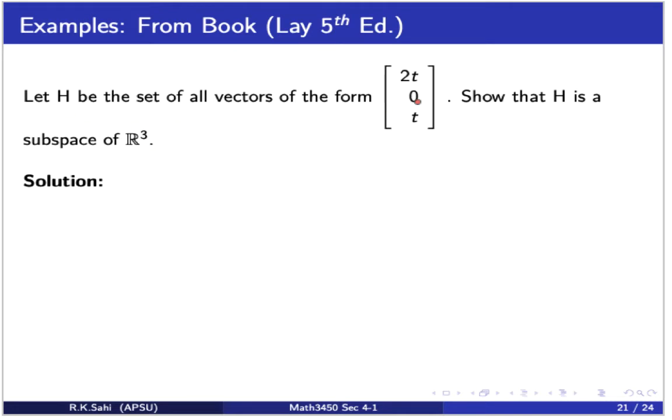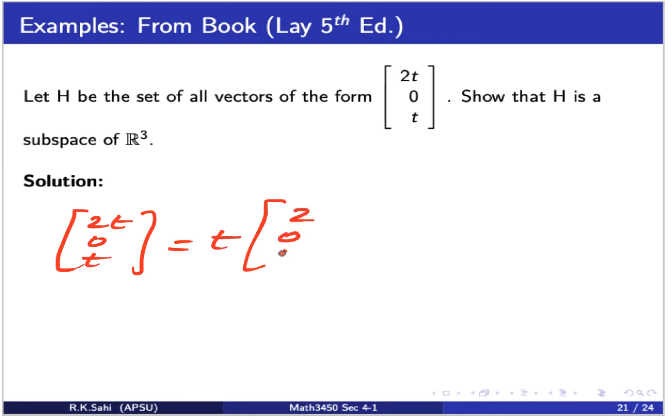So our H is the set of the vectors of this form. So how do we write this vector? (2t, 0, t). I can write this with t taken out, because t is the common factor. If I take the t out, what do I see? (2, 0, 1). So what is H? It is the set of all the vectors of this form, where t is any element.